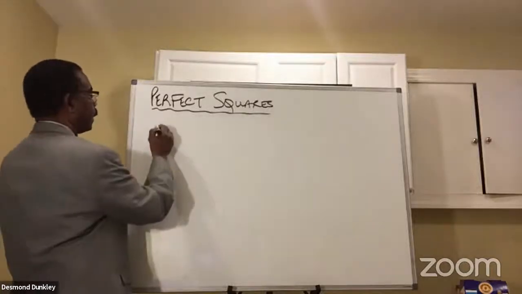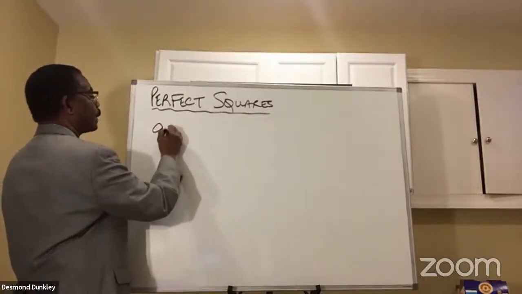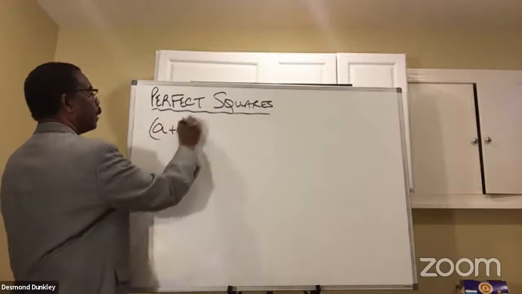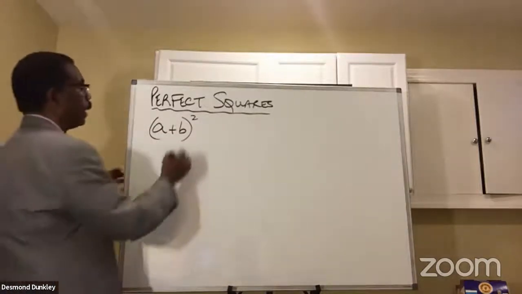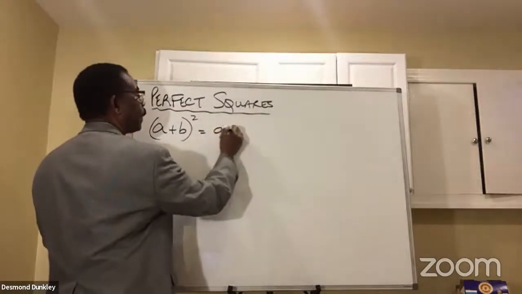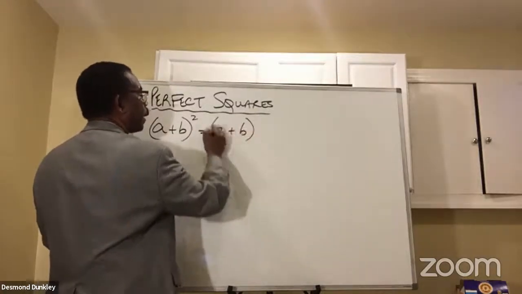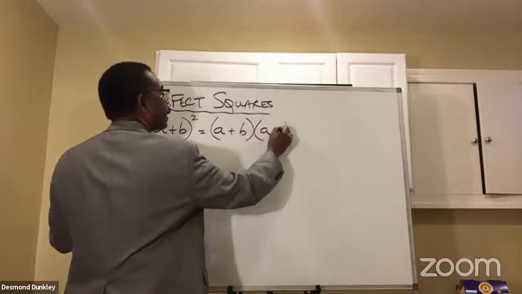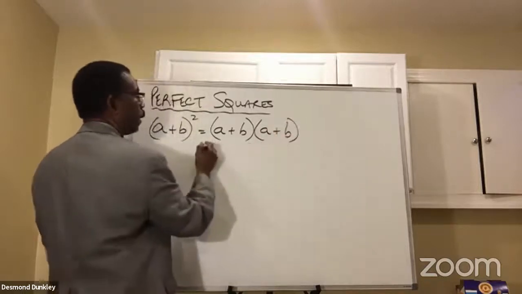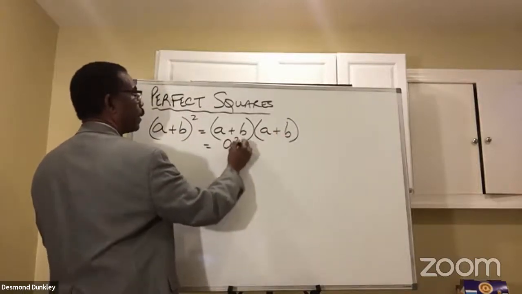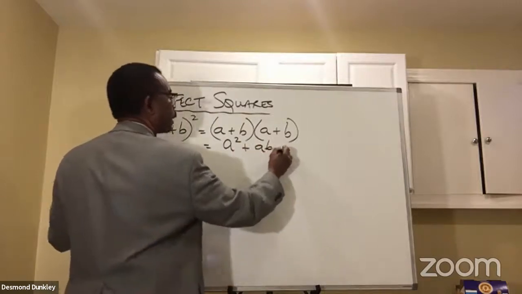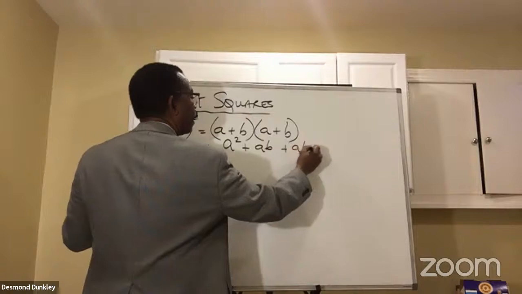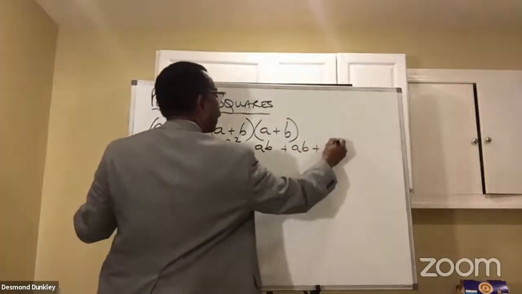For example, a plus b squared, that's a perfect square, is equal to a plus b times a plus b, is equal to a squared plus ab plus ab plus b squared.